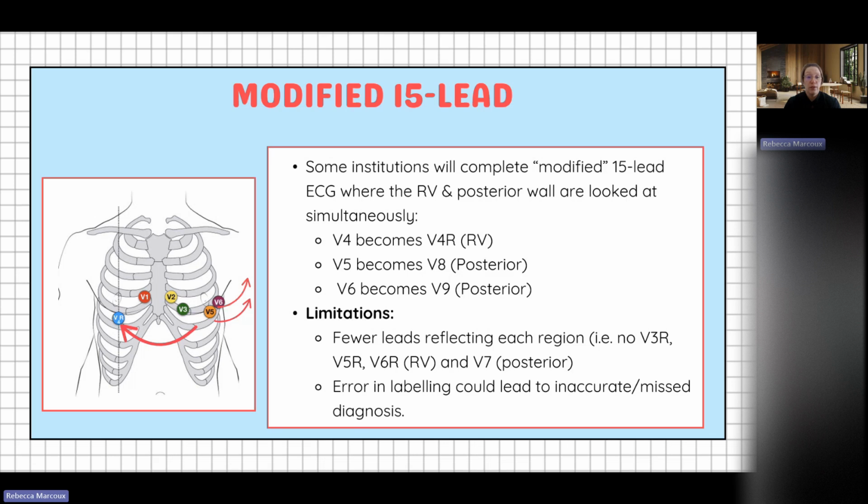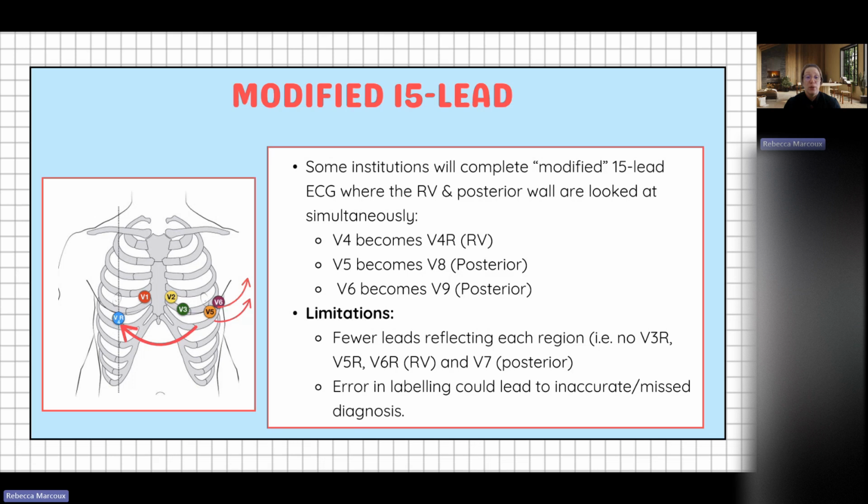So you move V4 over, and then you move V6, V7 to become V8, V9 posteriorly. I really like this approach. Some organizations seem to exclusively do this. I really like it for a quick view of both to see what comes up. The only issue is we're getting fewer leads reflecting each region. On the right side, we're missing V3, V5, and V6, and we're missing V7 posteriorly.